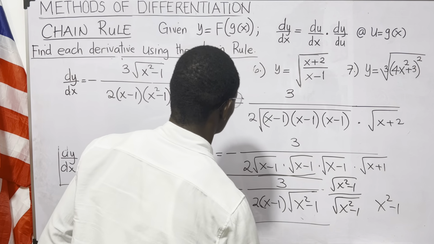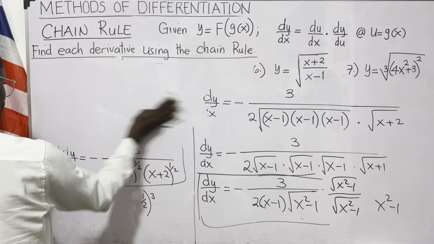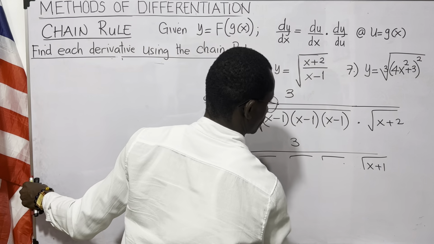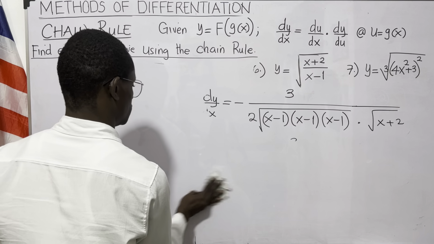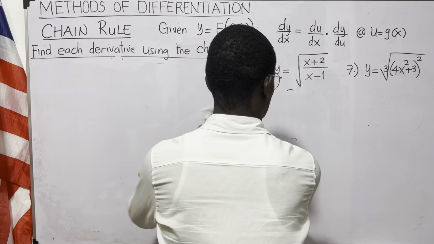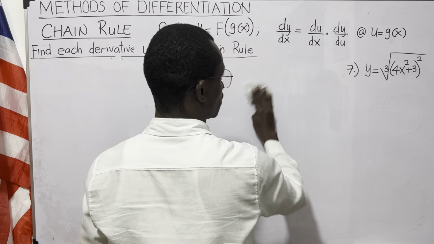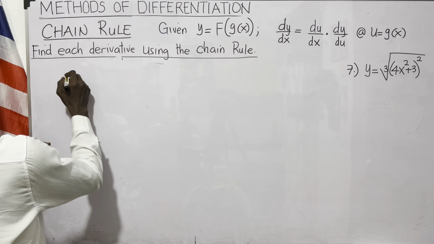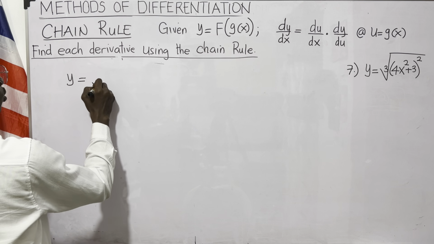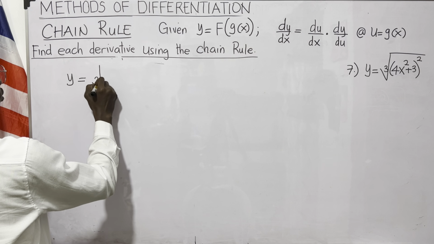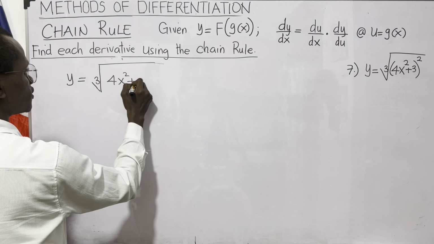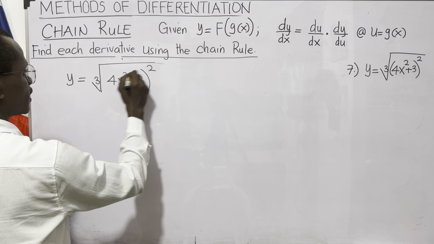So let's look at the last problem quickly. The last problem says y equals the cube root of (4x squared plus 3) raised to the second power.